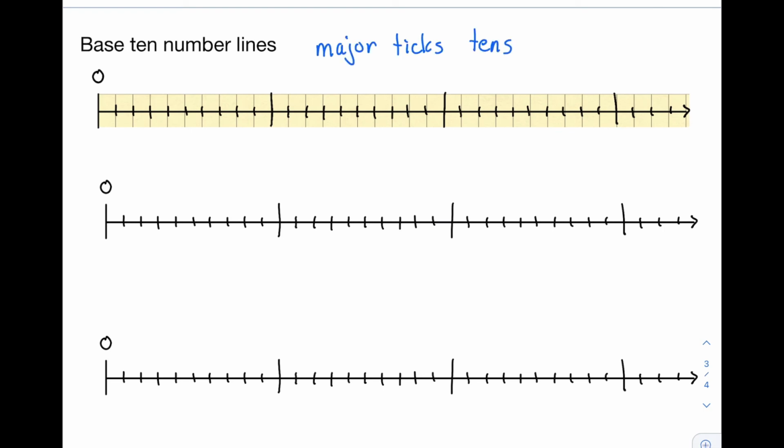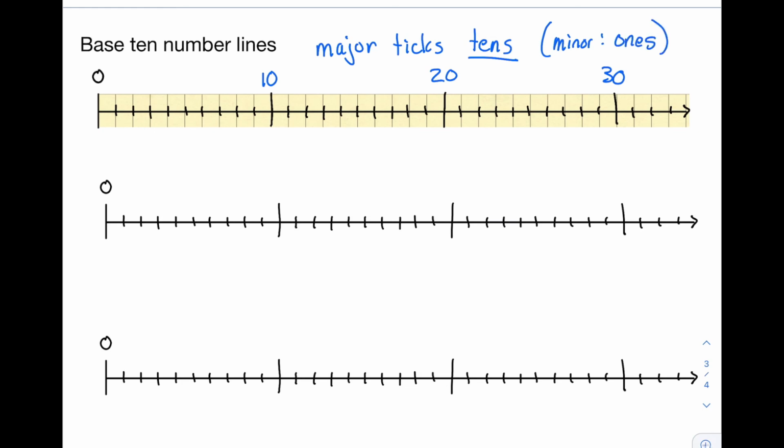So if I were counting by tens, starting at 0, 0, 10, 20, 30, 40, 50, I could label each major tick as tens, and then of course our minor ticks will be the ones.